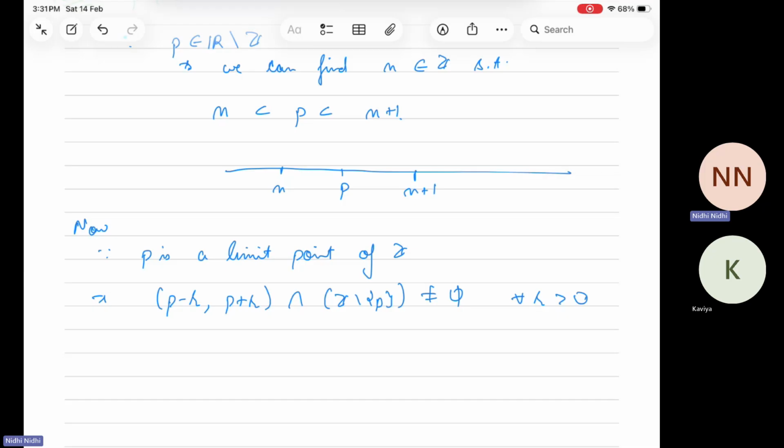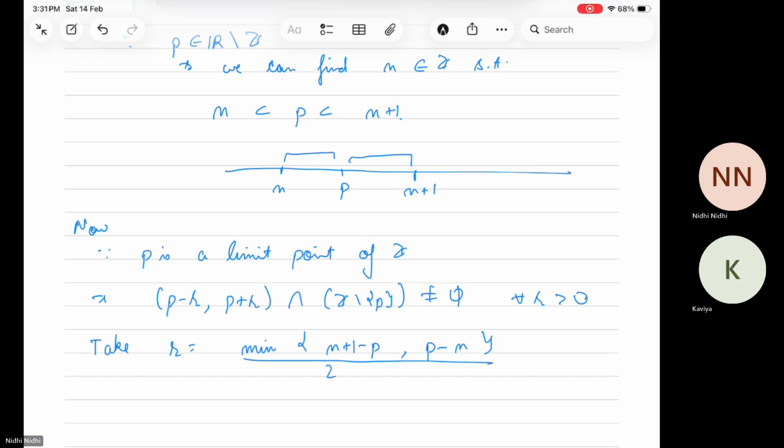Now if I take this R to be the minimum of n plus 1 minus P and P minus n, upon 2. So suppose the minimum was n plus 1 minus P. That means this is the smaller distance and we are taking half of it.